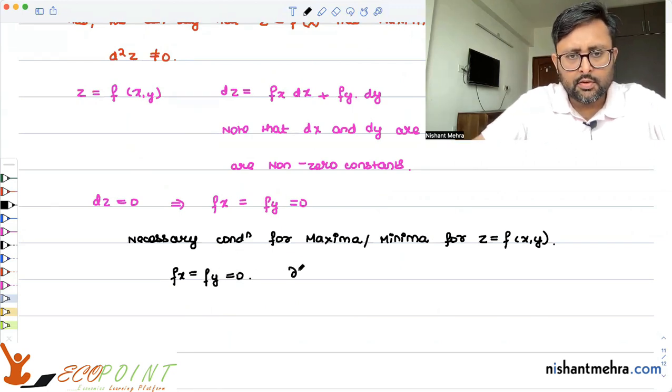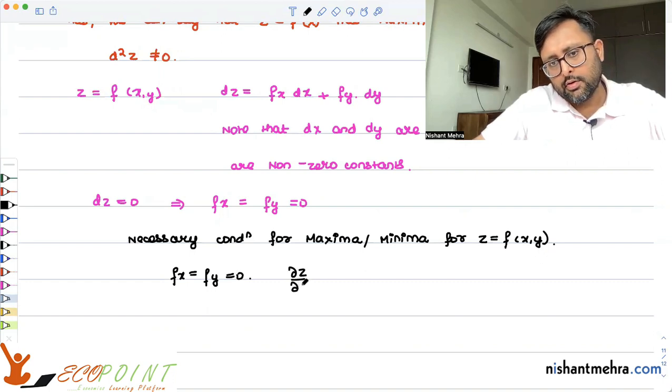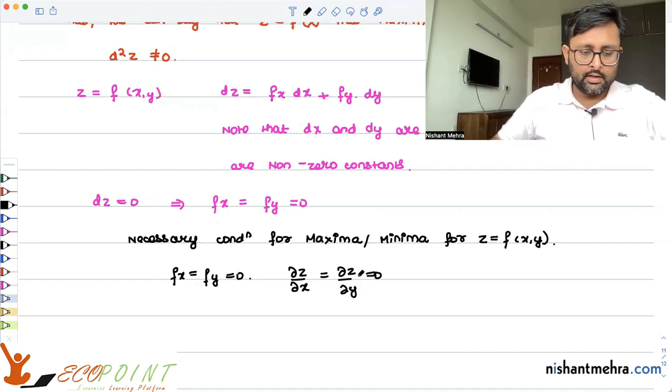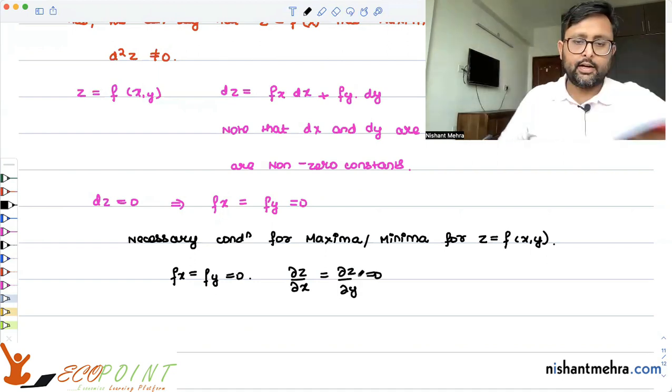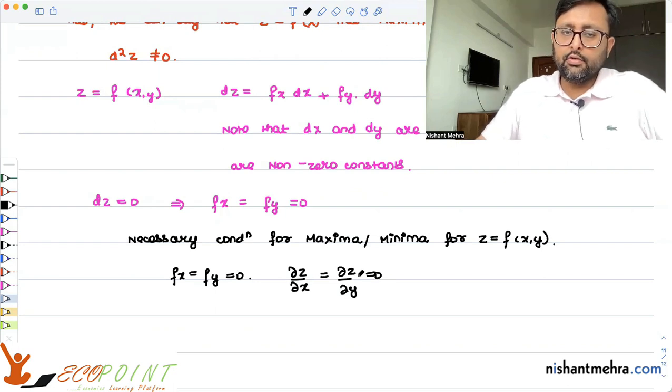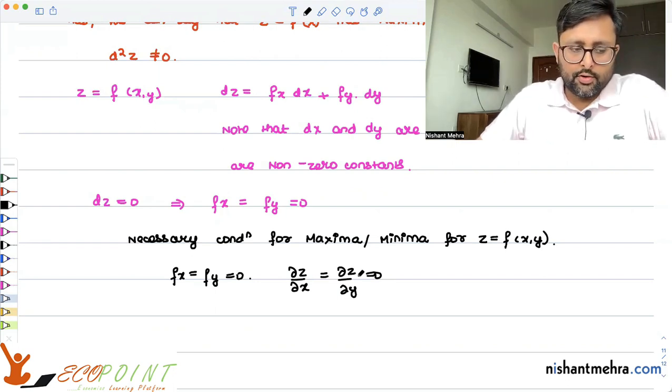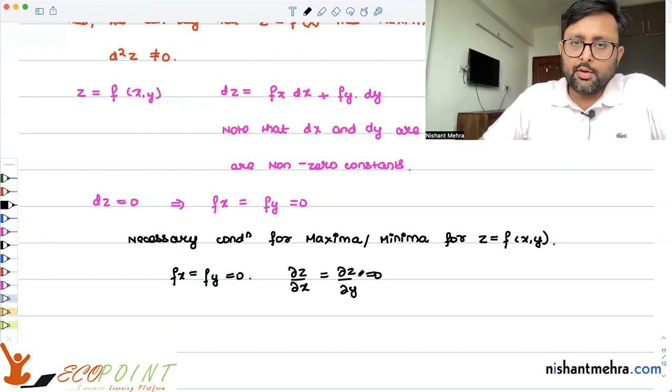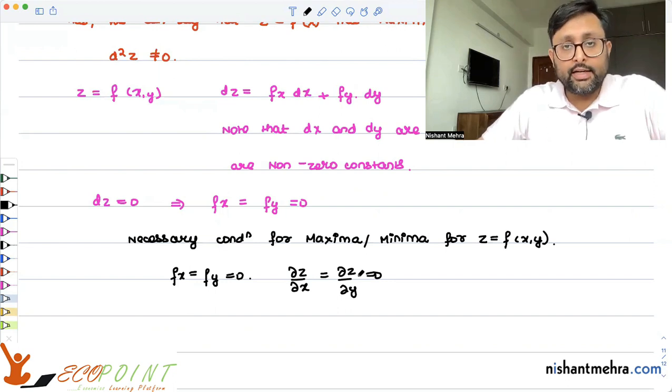That means del z by del x and del z by del y are 0. So keep this in head. That is how you get the necessary condition for maxima or minima: del z by del x is equal to 0 and del z by del y equals 0 simultaneously.